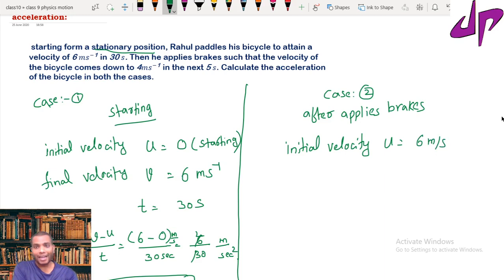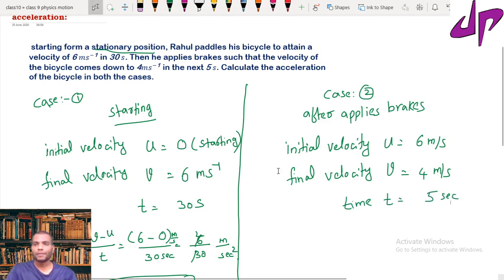At this velocity he applied brakes. When we apply brakes to a vehicle, the velocity decreases, and the decreased velocity we will take as final velocity. Final velocity v equal to how much? 4 meter per second. And how long did he apply the brake? Time t equal to 5 seconds.